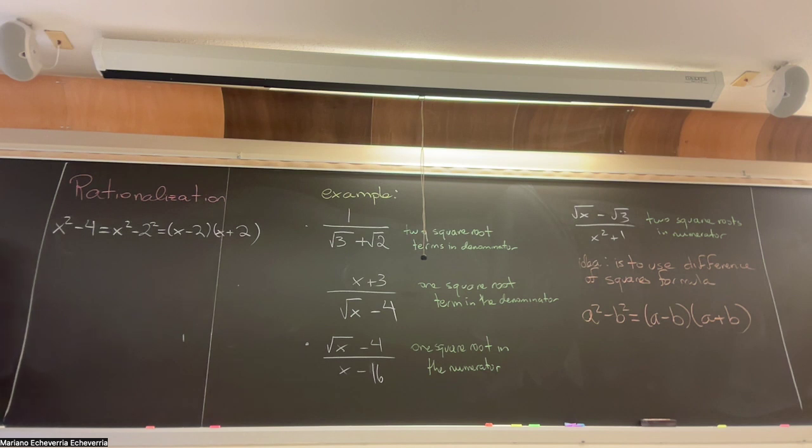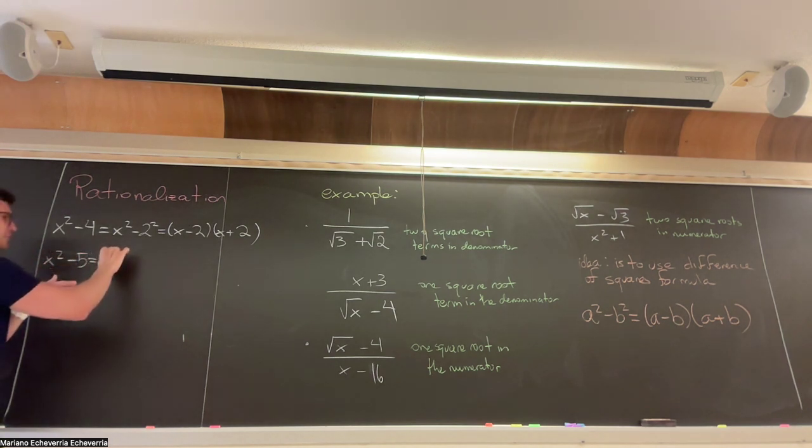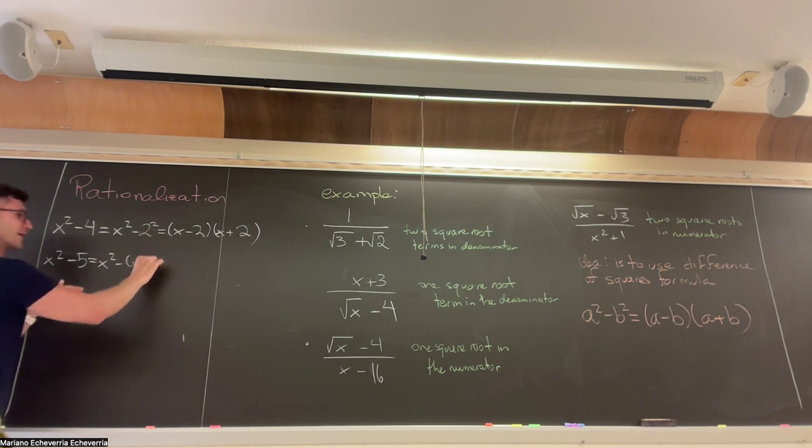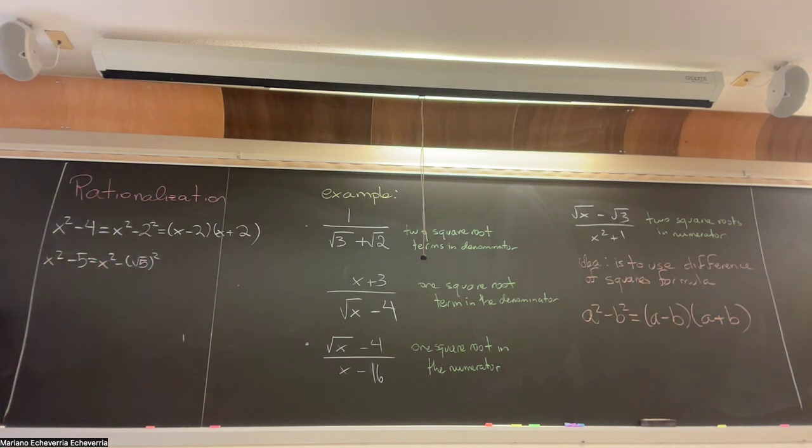Now, if you have something like x squared minus 5, then you could say, okay, this really sucks because 5 is not a square. But the point of the square root is that everything is a square thanks to square roots. That's the nice thing about square roots. So you can think of this as x squared minus root of 5 squared, which is a neat trick.